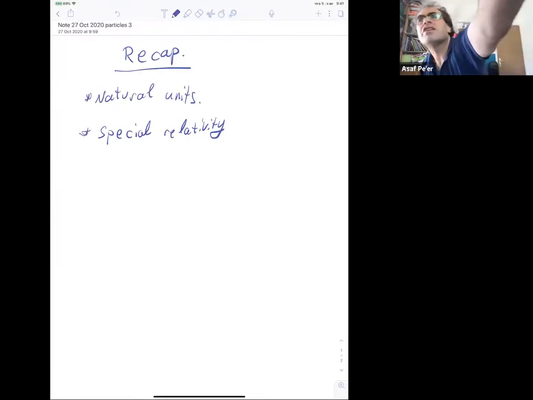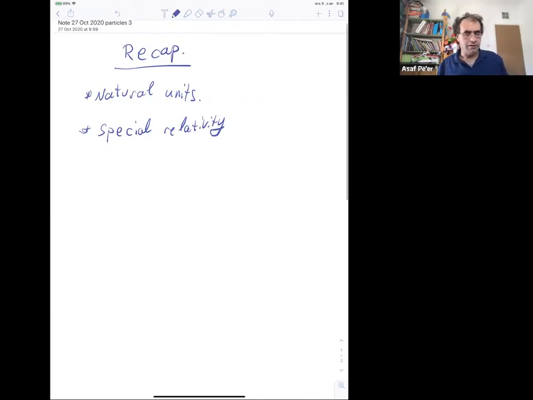Okay, so we said that the basics of special relativity really begin with the Michelson and Morley experiment, which proved that the speed of light is the same for two observers that are in two inertial frames, even if these two frames are moving with respect to each other.